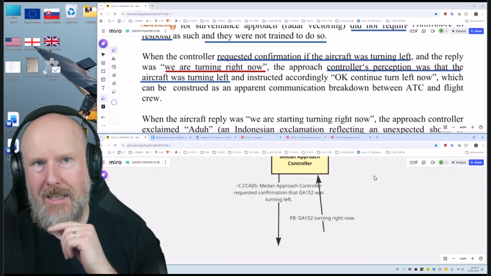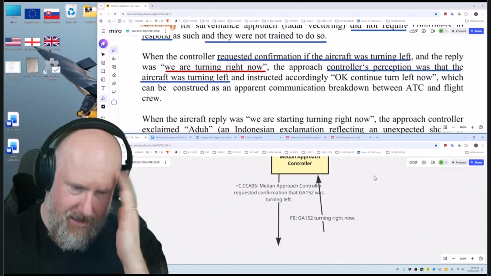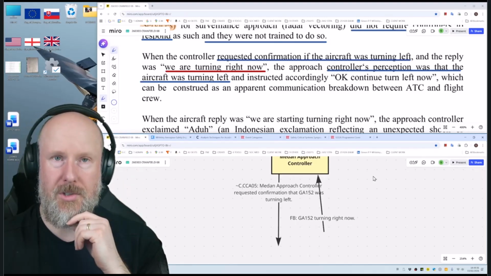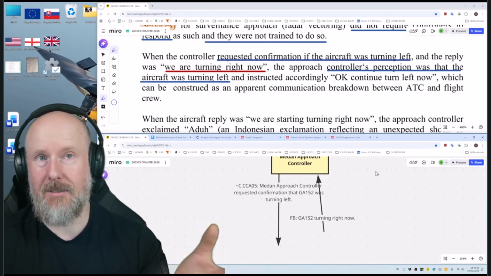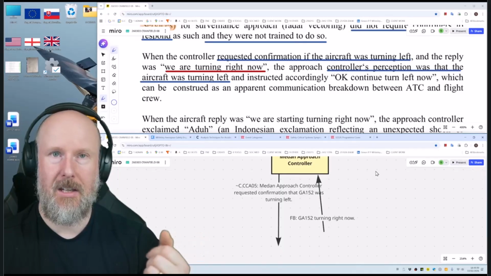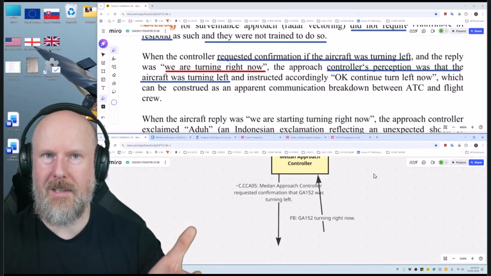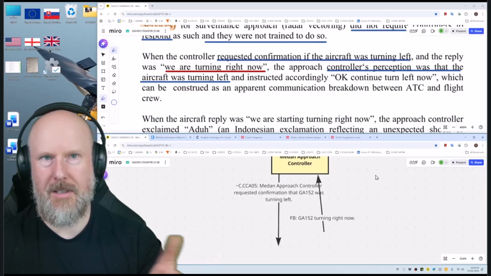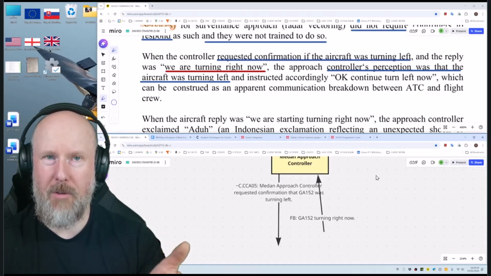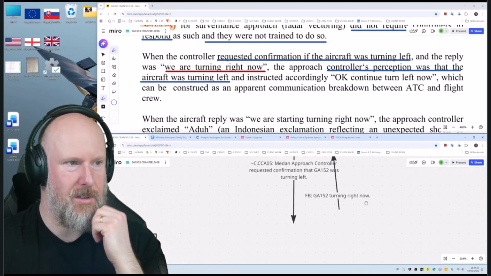Well, it's not just communication breakdown, it is sharing a common mental model and understanding of what is the state of the system, the control process, the position and direction of the aircraft. And then again, what is the instruction? Is it to turn left? Is it to turn right? Is it to GA152 or the other aircraft that was mentioned?